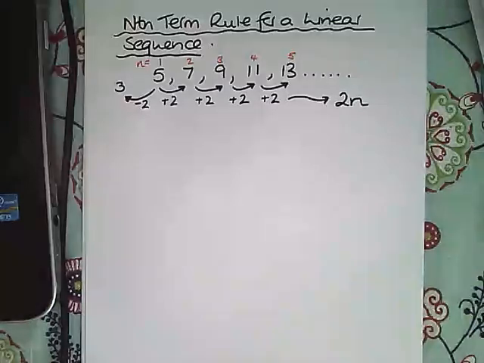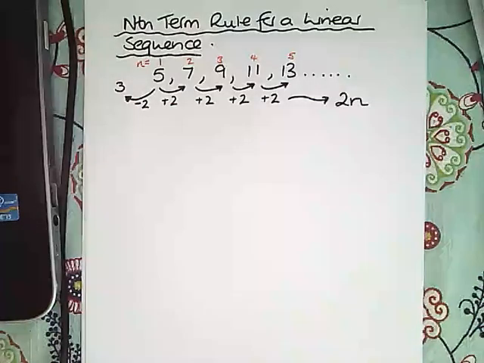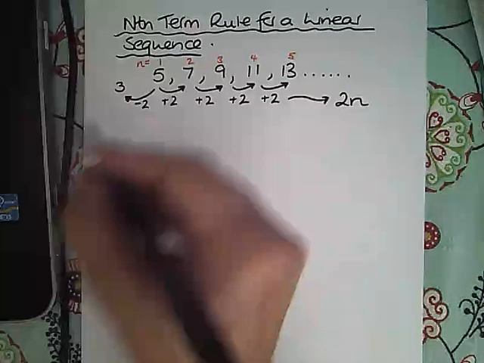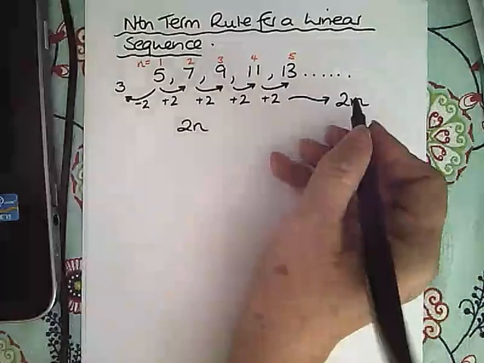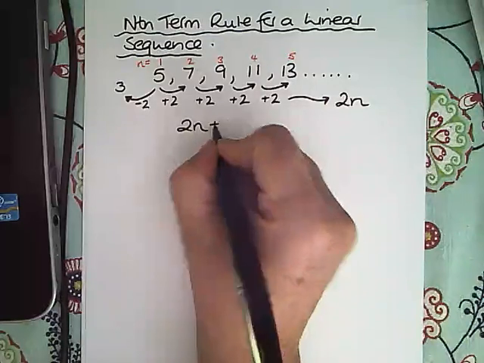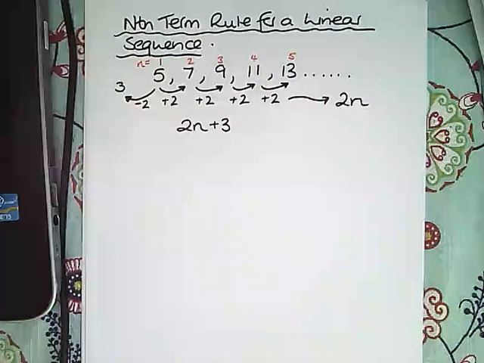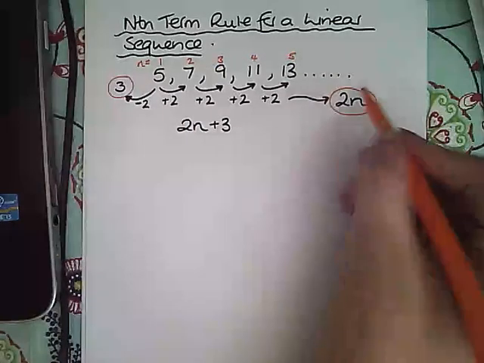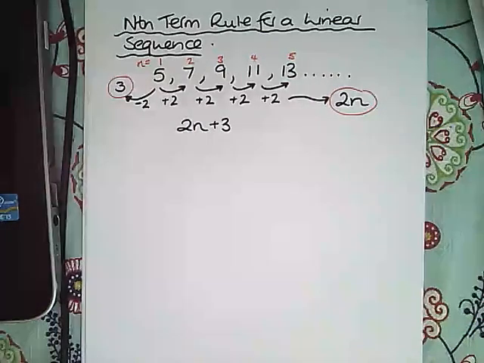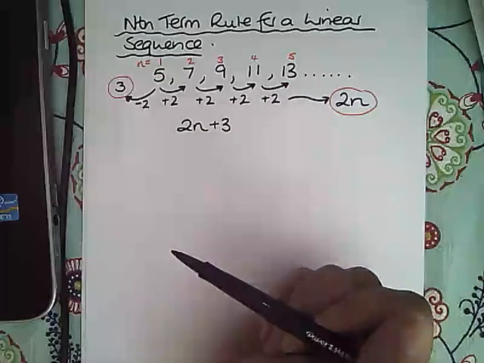The 3 is still on the positive part of the number line, so that makes my whole sequence nth term rule the 2n from here, and plus 3 because that's positive. They both come together. So I've got two separate bits, this bit and this bit. So the final answer is that this rule is described by using 2n plus 3.